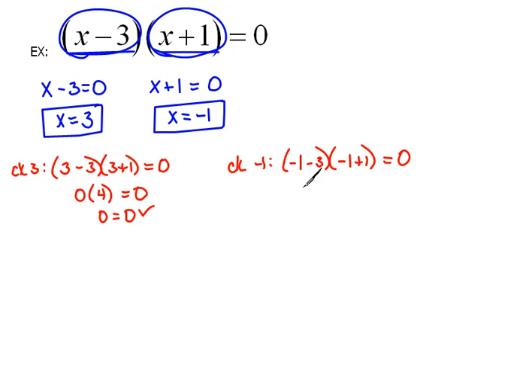Negative 1 minus 3 would be negative 4, times negative 1 plus 1 is 0. Now does that in fact equal 0? Negative 4 times 0 is 0, which does equal 0. So those answers both check. So our solutions are x equals 3 and x equals negative 1.